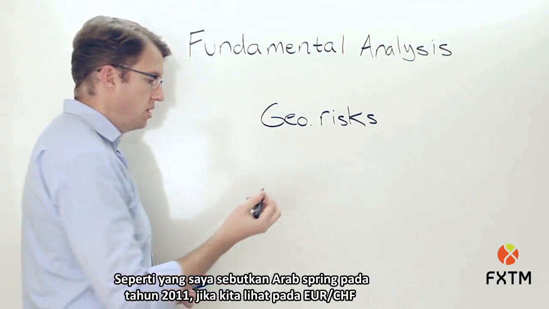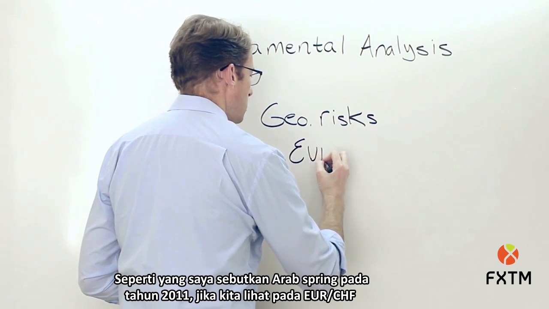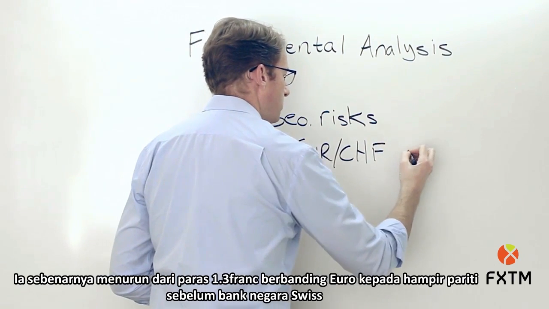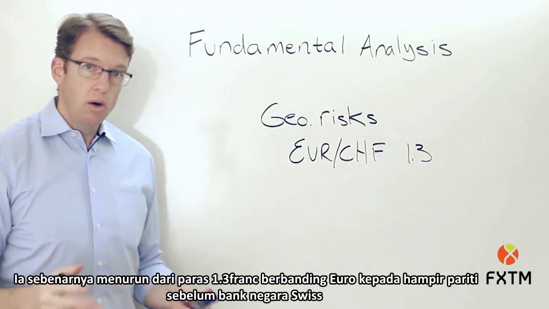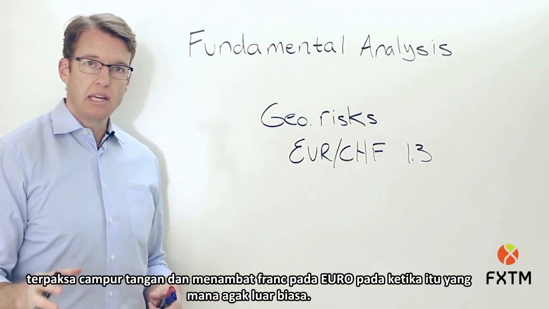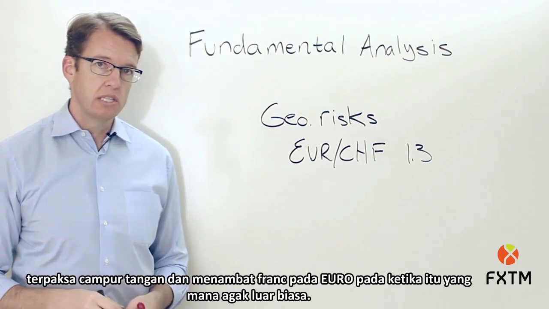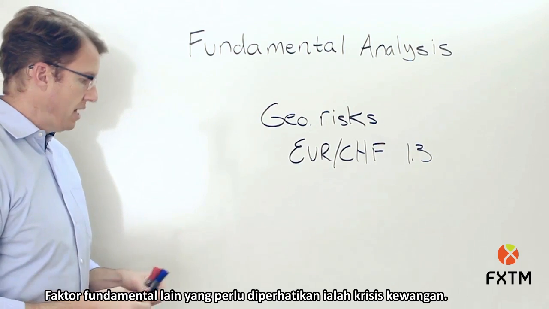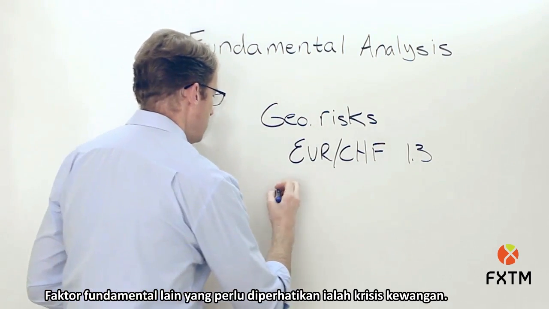So as I mentioned with the Arab Spring in 2011, if we look at the euro to the Swiss franc, it actually fell from a level of about 1.3 francs to the euro to almost parity before the Swiss National Bank had to actually step in and peg the value of the franc to the euro at the time, which was quite extraordinary.